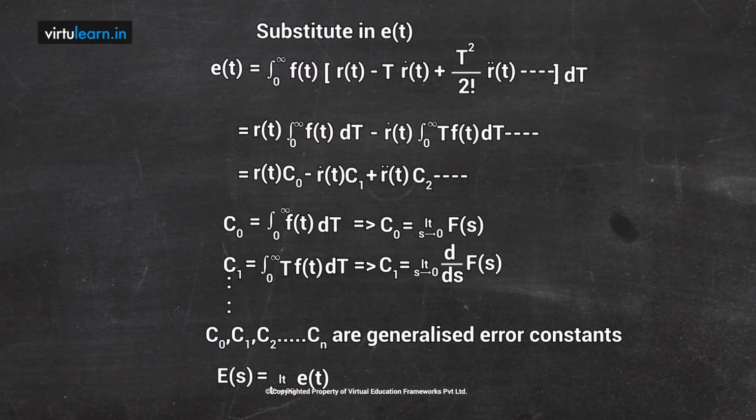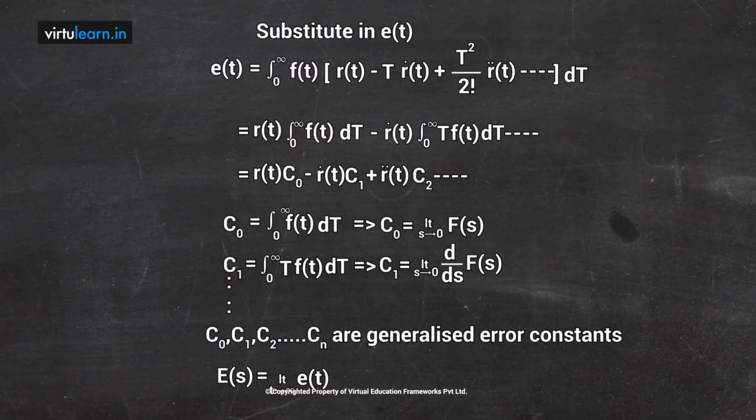Let us say those constants are C0, C1, C2 and so on. Then e(t) is r(t) C0 minus r dot(t) C1 plus r double dot(t) C2, where C0, C1, C2 are called the generalized error constants or dynamic error constants. The definition of those constants: C0 is equal to the integral from 0 to infinity of f(T) dT.